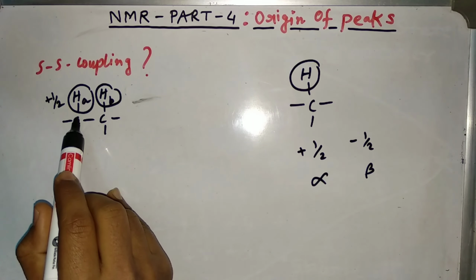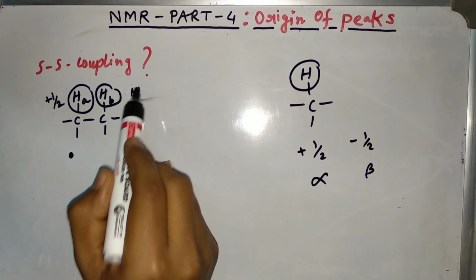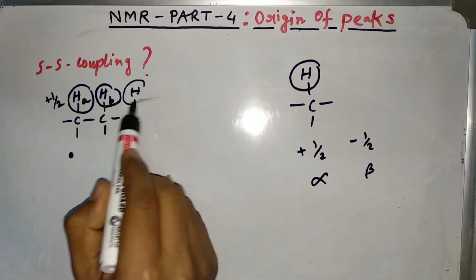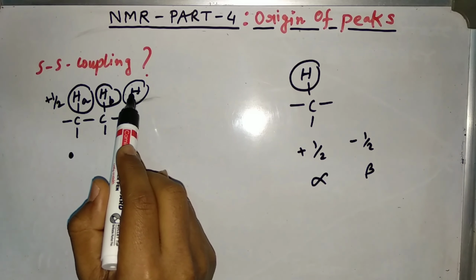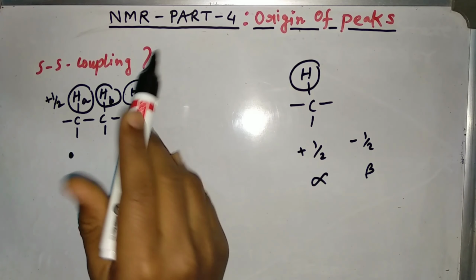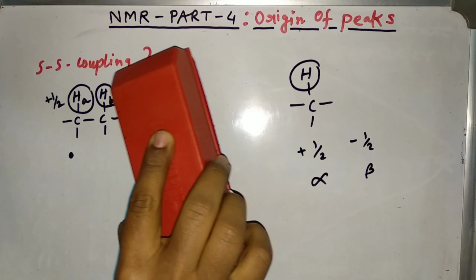Because here is this carbon, here this carbon. Suppose here is another carbon and another hydrogen is present, this hydrogen will never couple with this hydrogen. But this one will couple with this hydrogen, because it is adjacent. So I'm not considering this one, and for that I'm just considering HA.